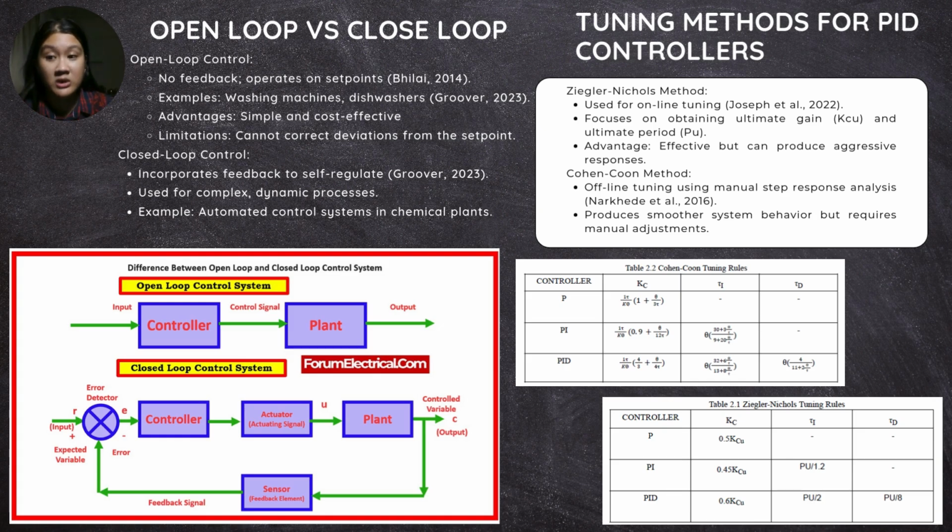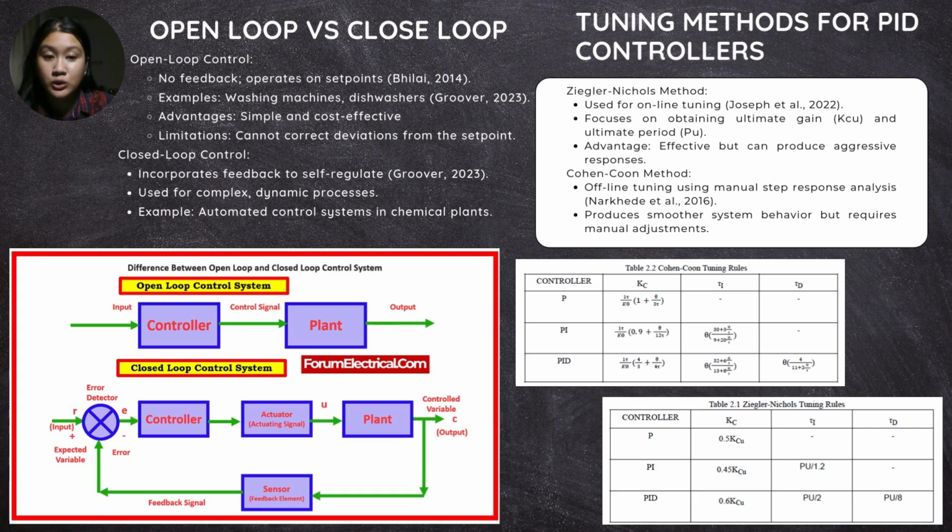However, it cannot correct deviation from the set point. As you can see from the picture here, for open loop there is the input, then the controller, and the control signal goes straight to the plant, and then there is an output.